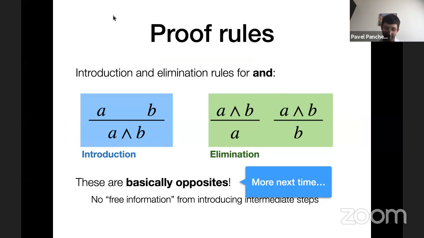In this class I'm trying to elide the difference between the language and the meta language, or the logic and the meta logic. This will come up in an advanced math class, but it's not that important to understanding the basics of how this stuff works. But yes, you could imagine that the A with the spaces and then the B is kind of like an and. And if you read it that way, that's fine. Other questions?